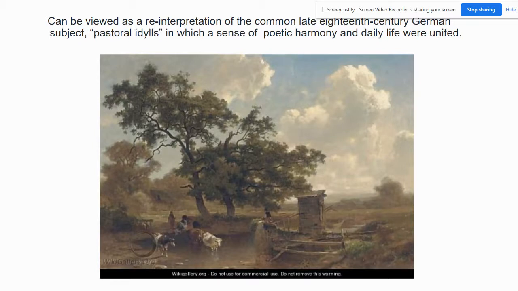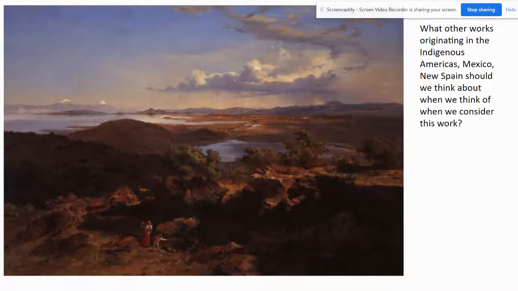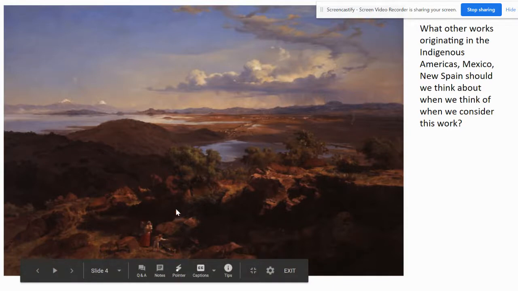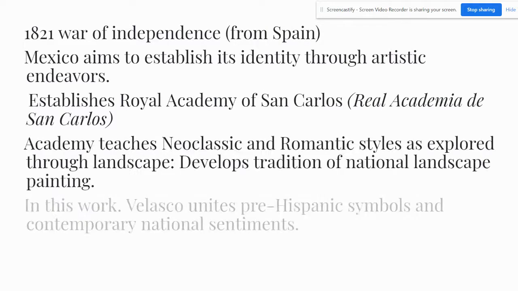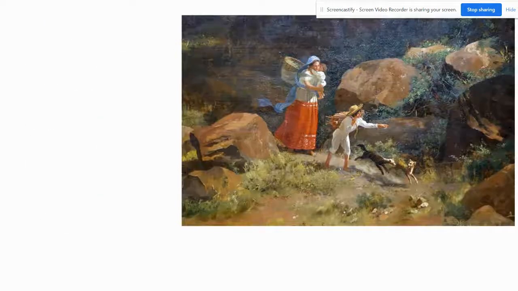It's a romantic idea. But as we know from this piece, it's not as maybe sweet as a typical pastoral idyll might be, although it's still a kind of a loving piece. It shows a little bit more difficulty in daily life, and we see that here, right?